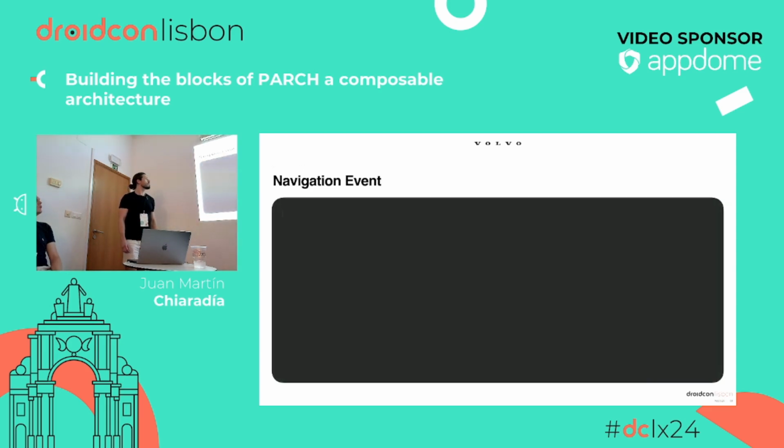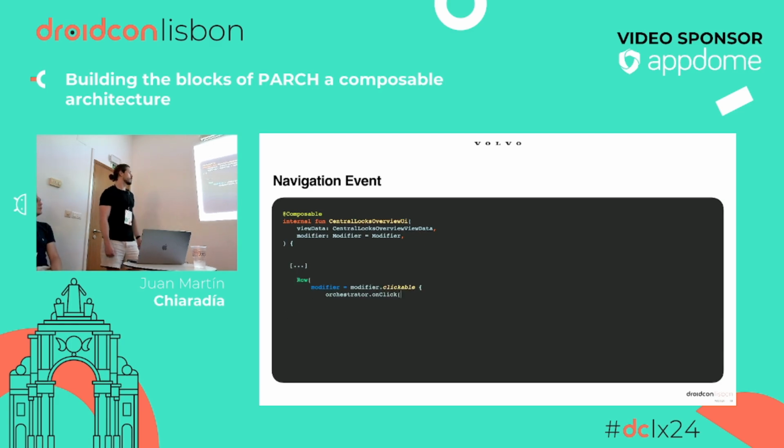In the code base as well, it is not rocket science. We will need to alter our row, so we add the clickable modifier, and we just forward the on click to our orchestrator. Of course, because of that, we need the orchestrator as a dependency of our UI.